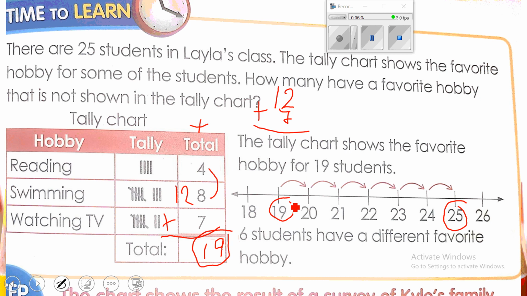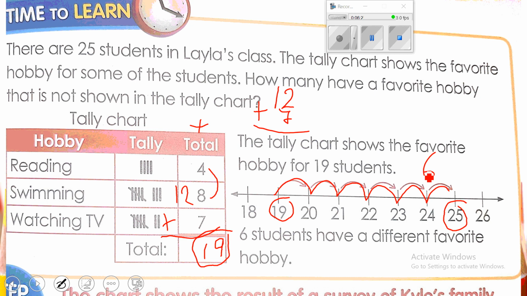So how many students should I ask again to continue with all the class students? Let's see. It's 1, 2, 3, 4, 5, 6 students. I have to ask more because I have 25 students, and I brought the data and the information only for 19.